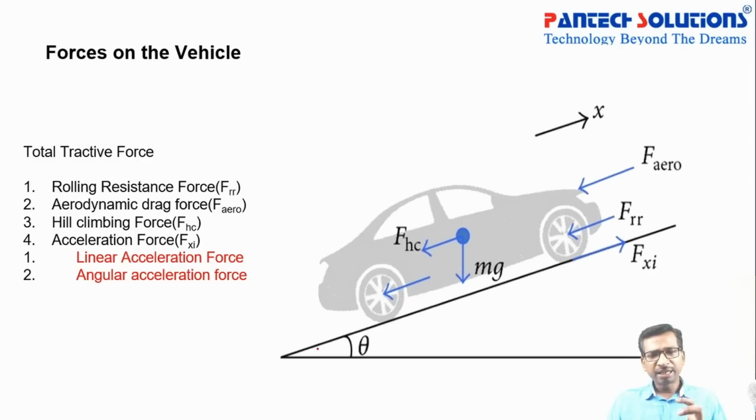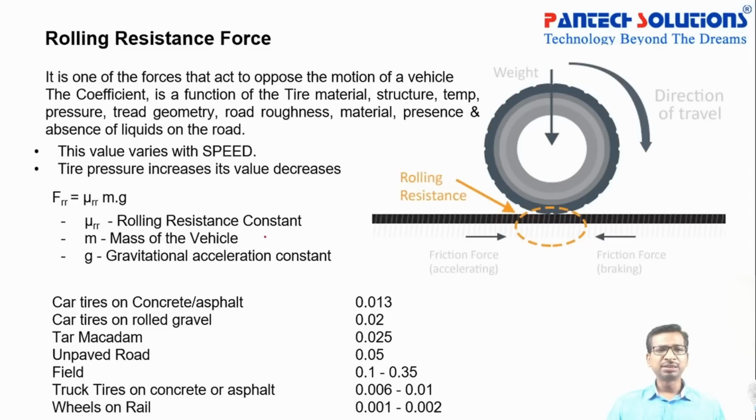And again, due to these factors, some additional forces are acting on the body. The first force is called the rolling resistance force. So let us check what is the rolling resistance. It is one of the forces that act to oppose the motion of a vehicle. The rolling coefficient is a function of the tire material, structure, temperature of the tire, and the tire pressure.